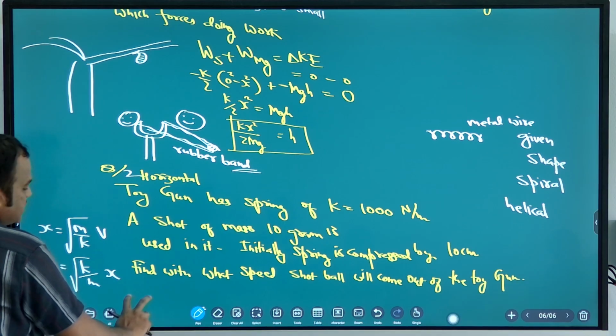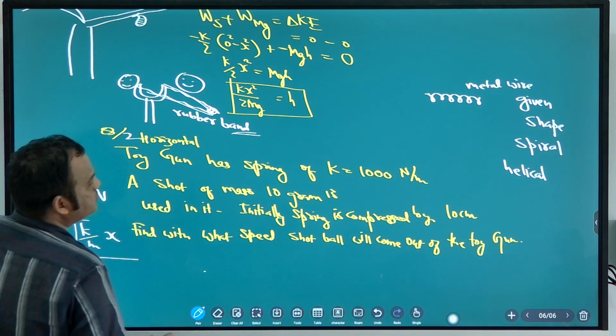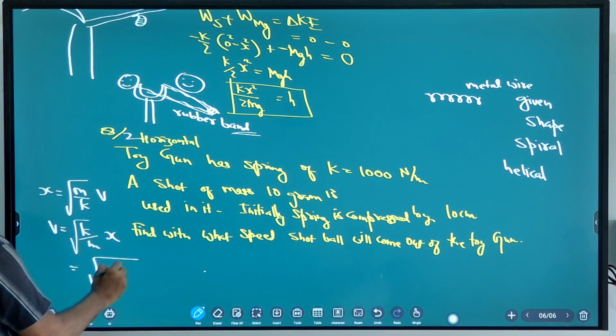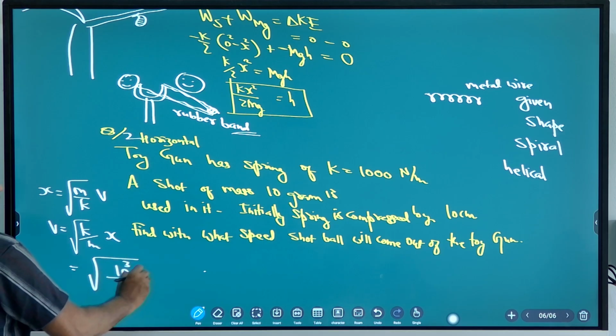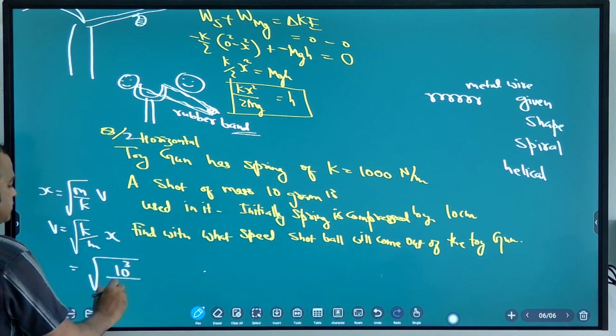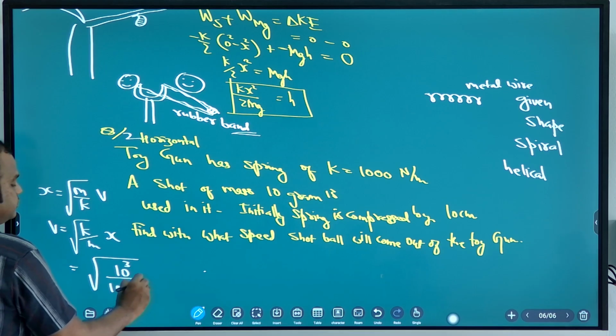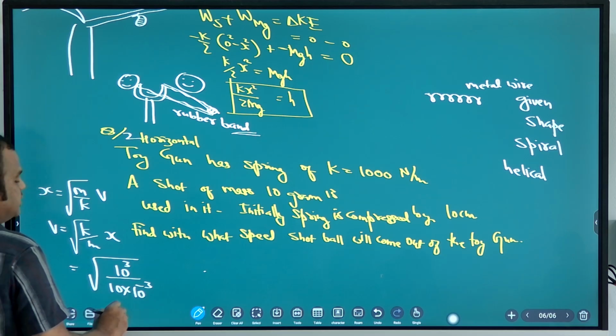So tell me, what is the answer? Mass is given. K is given. What is K? 1000. Mass is 10 gram, 10 into 10 power minus 3.